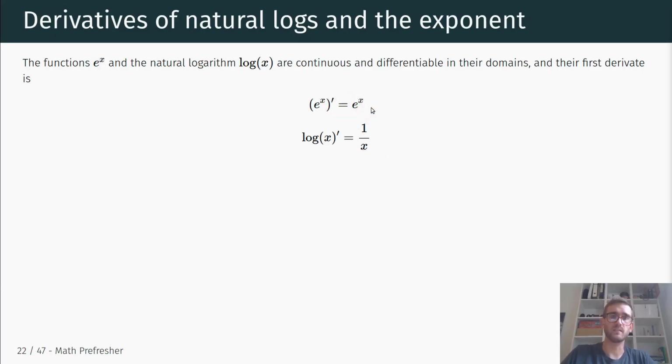The first derivative of e to the x is equal to e to the x. So the rate of change is equal to the original function, which is why e to the power of x is so unique and so useful in many applications. And the derivative of log of x is equal to 1 divided by x.